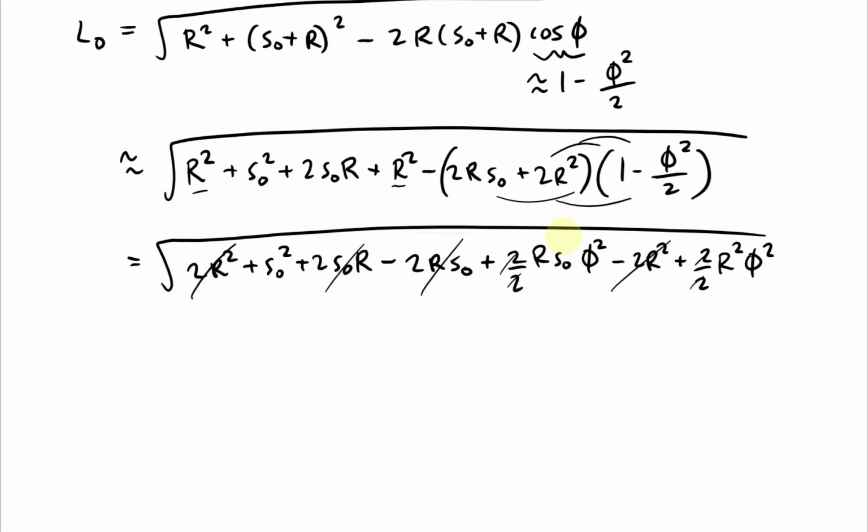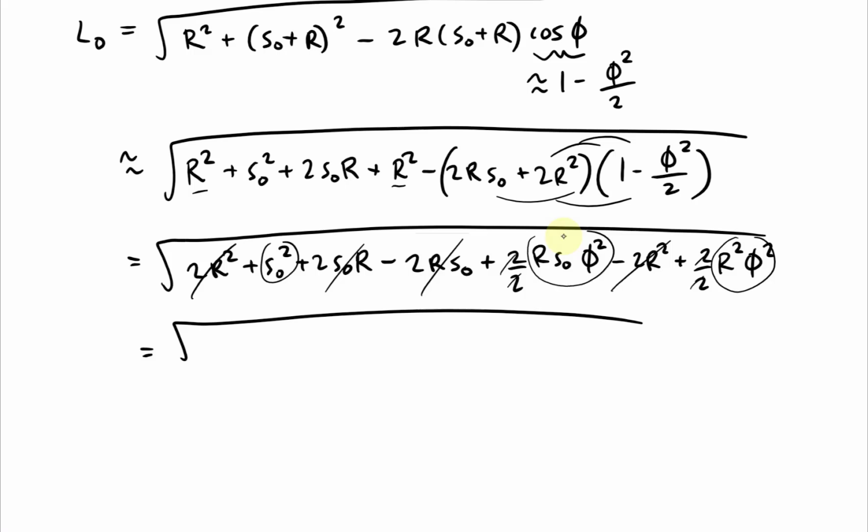We're going to be left with square root, and all we're left with is this one, and this, and this. So we're left with s naught squared, plus r s naught phi squared, and then plus r squared phi squared. So that's what we're left with right now.